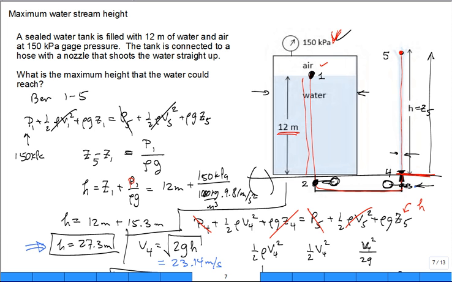So right before it comes into the nozzle, it's got its high static pressure and little velocity pressure and no elevation head. Then it goes through the nozzle, and that static pressure is converted into kinetic pressure or velocity pressure. And then from 4 up to 5 it's converted to gravitational pressure or head.